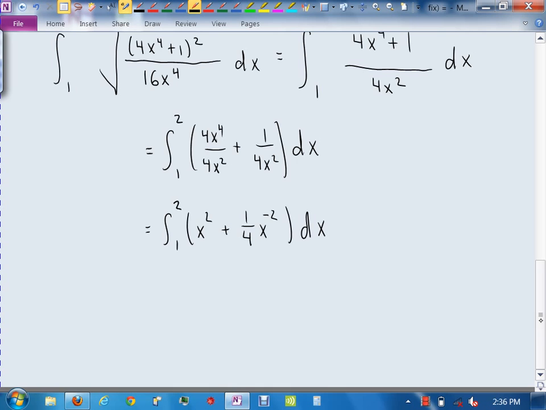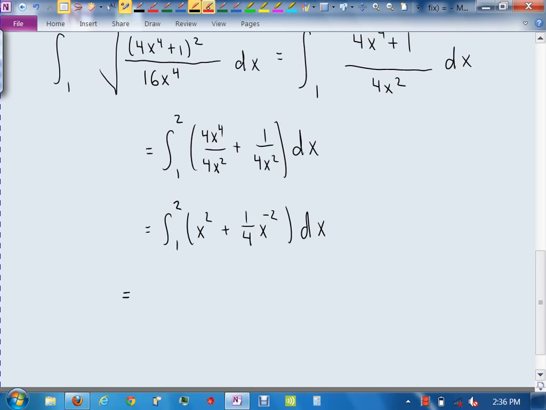So all I did, y'all see what I did on there? 4x to the 4th over 4x squared just canceled out the 4's. X to the 4th over x squared is x squared. On the other one, I just wrote it as a 1/4, and I brought the x to the negative 2 up. And that's because now I can just use power rule on each one.